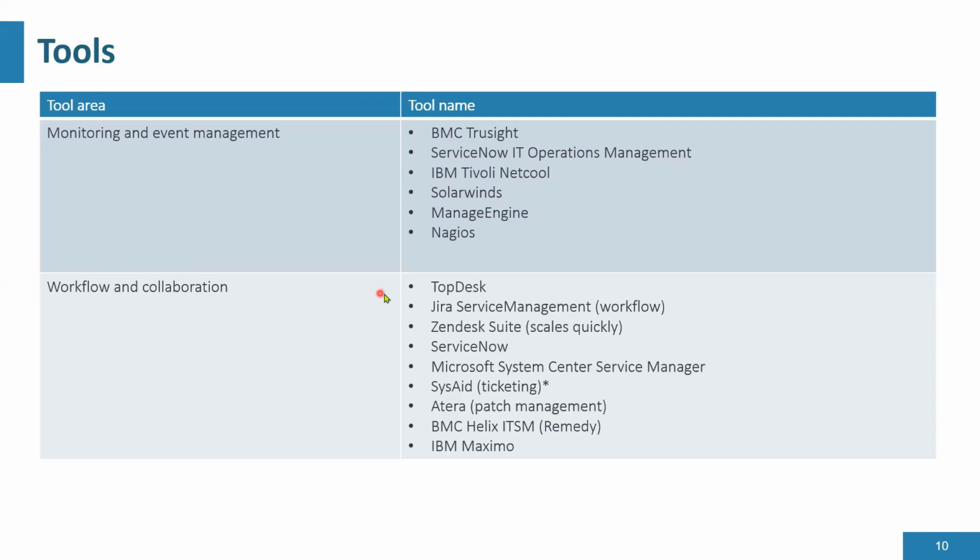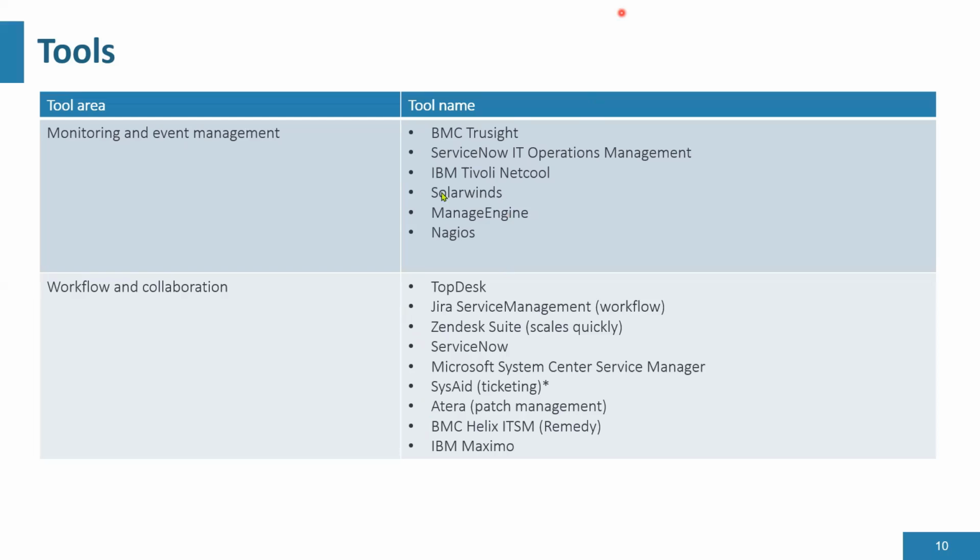Workflow and collaboration, we have got Topdesk, and I think it's more popular in Europe. And then we got Jira, which is a more agile kind of workflow tool. Zendesk is well known. ServiceNow, of course, and there are many others. I know some of the older ones like the BMC Remedy, etc. If you have had experience on that also.